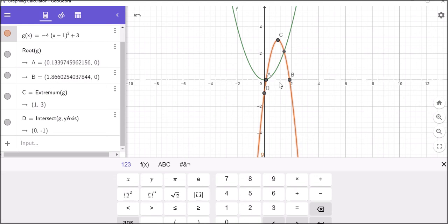And the maximum point is (1, 3), because a is negative, so it opens down and has a maximum point. The maximum value is 3, and the intersection with the y-axis is negative 1. So this is the graph here.